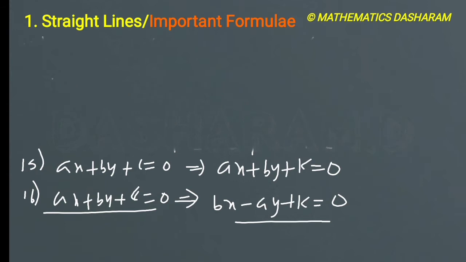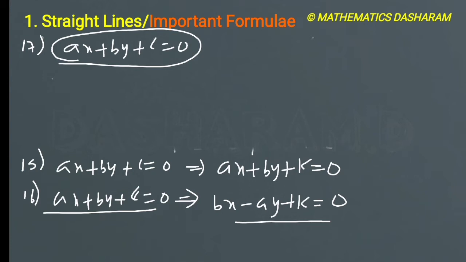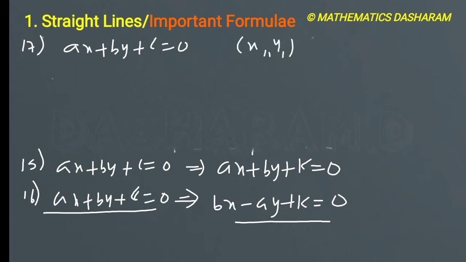So the next formula is the 17th one. Let's take one line ax plus by plus c equals 0, and a line which is parallel to this line and passing through one point (x1, y1). In this case, the equation of the line is a(x minus x1) plus b(y minus y1) equals 0.